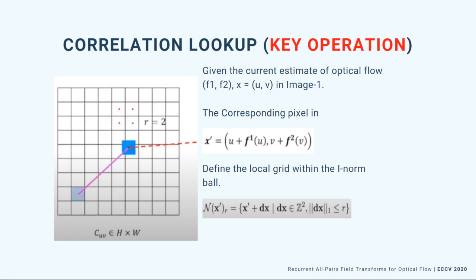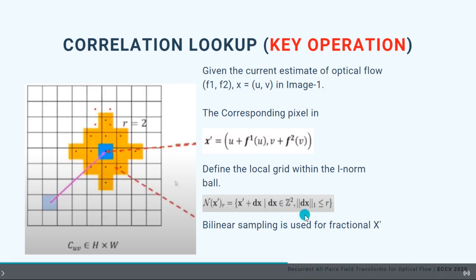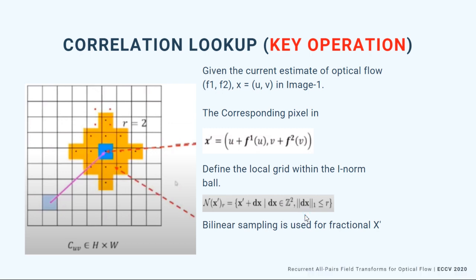If we draw it with r equal to 1, it should be like this. So the local grid is the yellow area around x prime. Here's x prime, and this is the local grid.